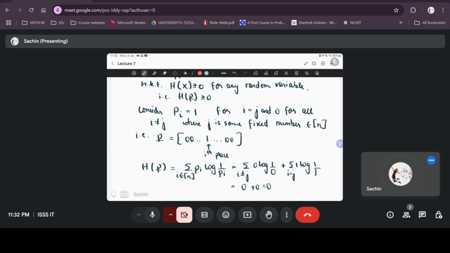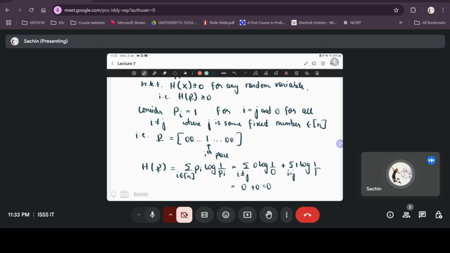Also the sum of all p i's is equal to 1, so there must be at least one p i which takes the value 1. But if there are more p i's which take value 1, the sum will be greater than 1.